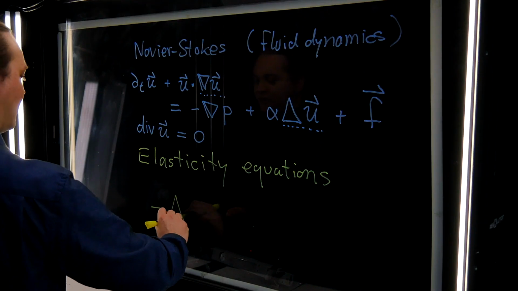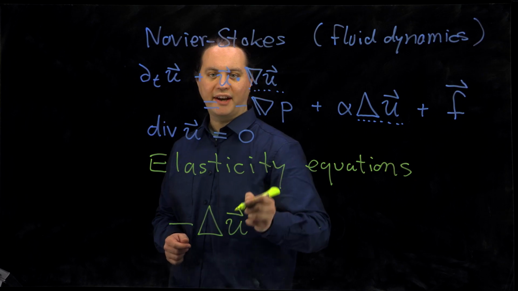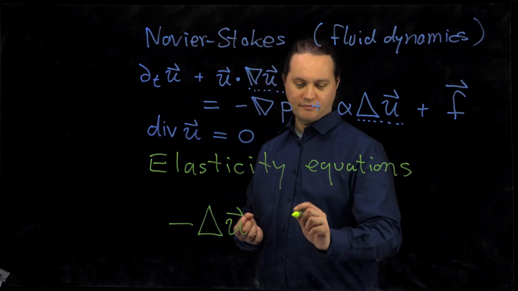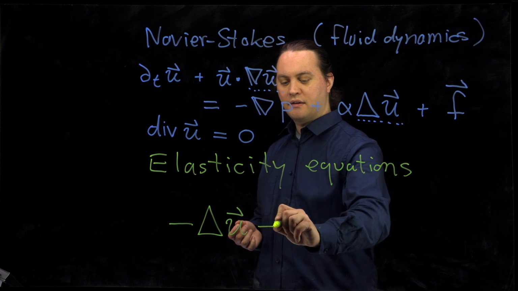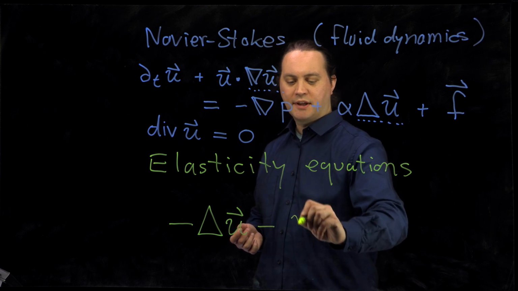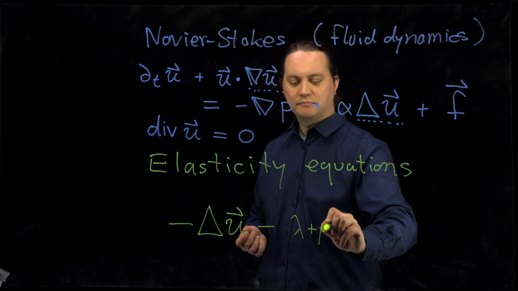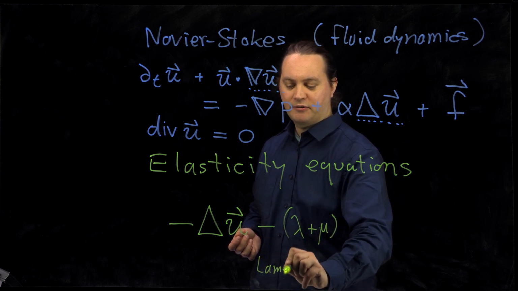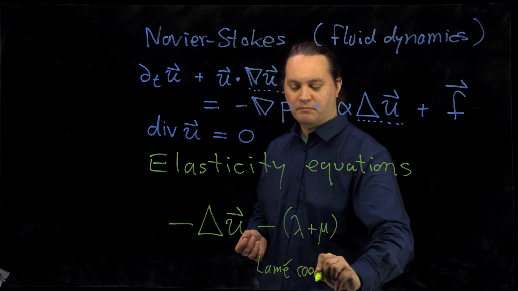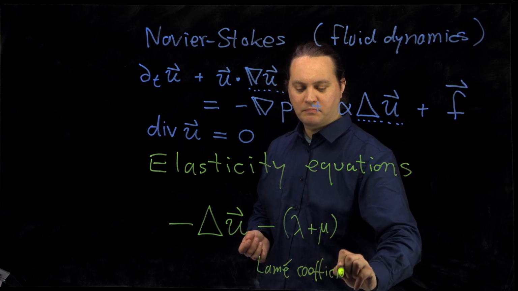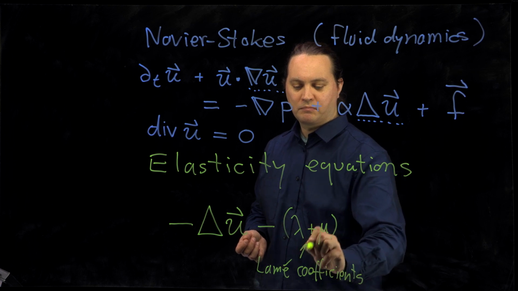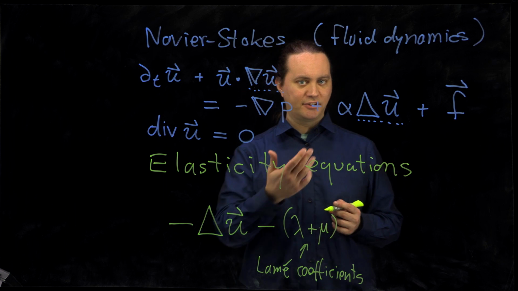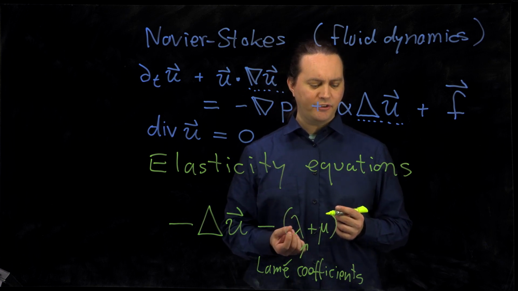Negative Laplacian of u, where u is the vector field, the deformation vector field, minus lambda plus mu, where these are the Lamé coefficients, those are just some material parameters that get involved in the elasticity equations.